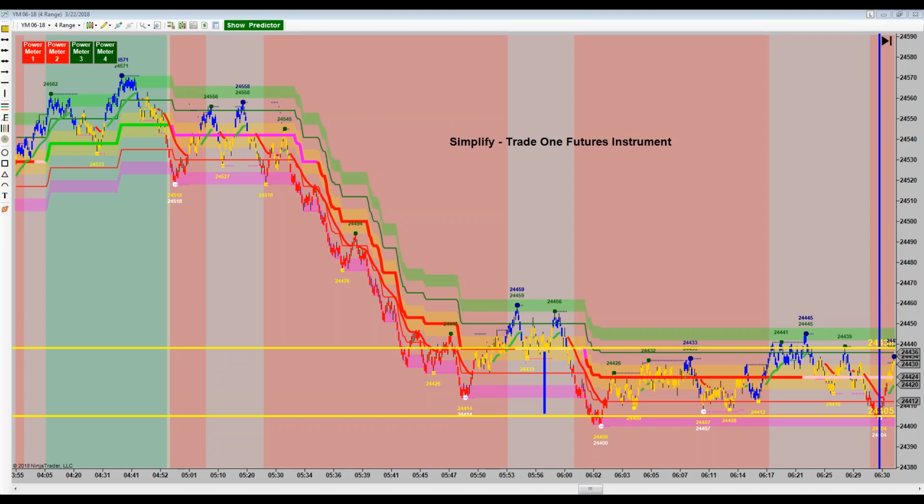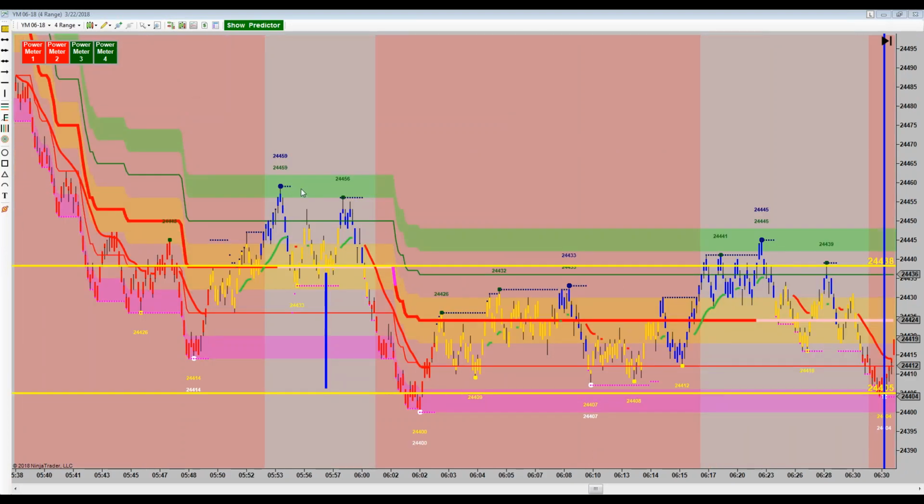If you think it's broken up, you're going to type in a U. If you think it's broken down, you're going to type in a D. All right? Now here we go. I'm going to advance this chart in real time, and we're going to watch it together, and you're going to make the call when you think it's gone one direction or another out of the range. Here we go.